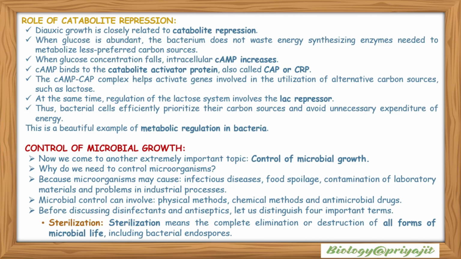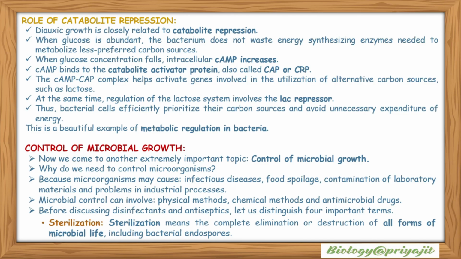Role of catabolite repression. Diauxic growth is closely related to catabolite repression. When glucose is abundant, the bacterium does not waste energy synthesizing enzymes needed to metabolize less preferred carbon sources. When glucose concentration falls, intracellular cyclic AMP increases. Cyclic AMP then binds to catabolite activator protein, also called CAP or CRP.